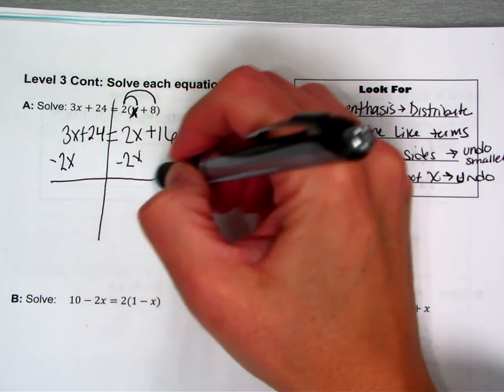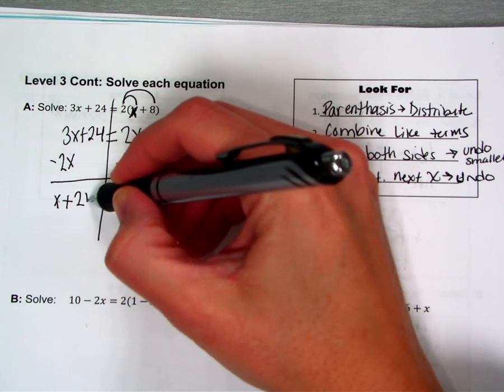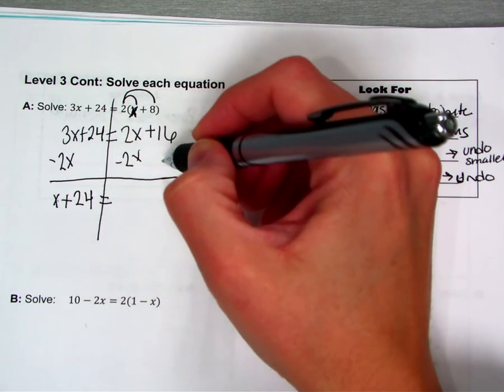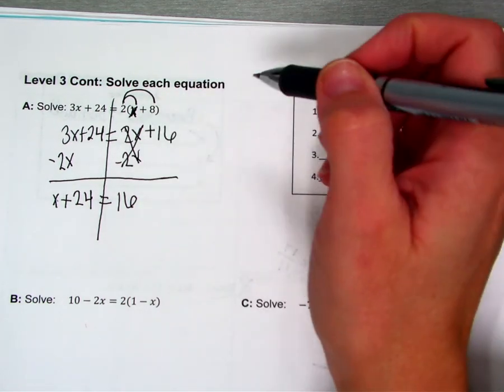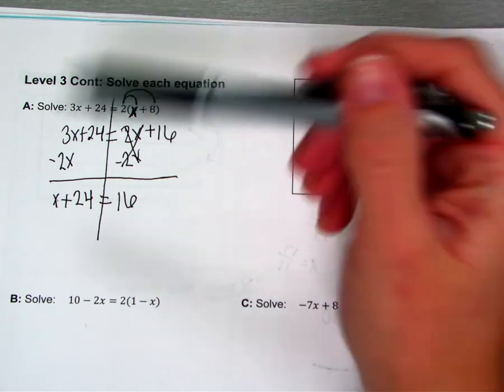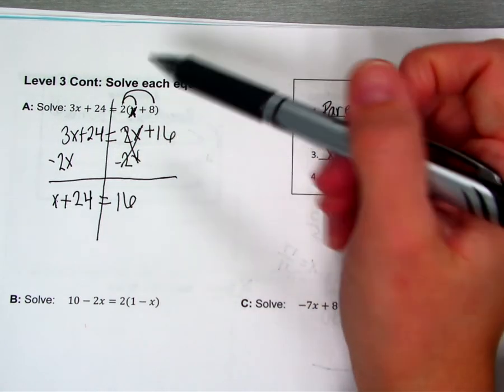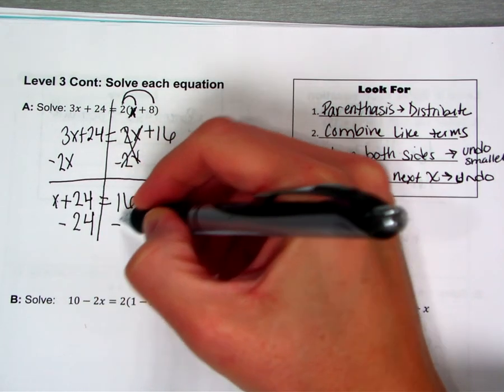I end up with this 1x scenario again, so let's just put x. And now we're ready to get rid of this number that is being added to x. So I'll subtract 24.